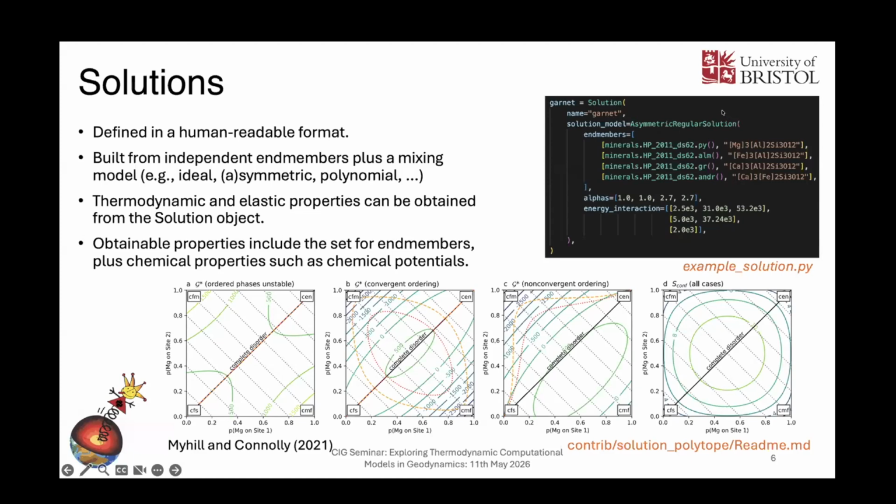So this is the asymmetric regular solution, which is used by Holland and Powell. And then there are a bunch of independent endmembers, and these are drawn from databases that are already written for you. So this is the Holland and Powell dataset 6.2, the pyrope, the almandine, the grossular, and andradite components. And then the mixing terms are written in a very nice human readable form.